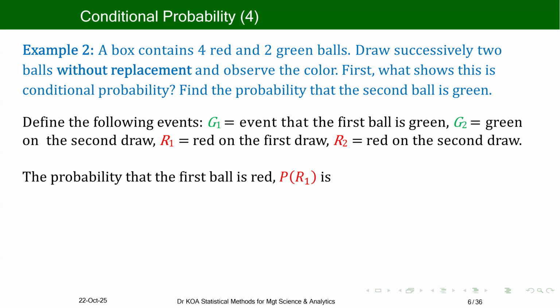The second one, Emily. What is the second word in the sentence that gives the impression that this is a conditional probability? Successively, draw successively 2 balls. Successively. You're right.